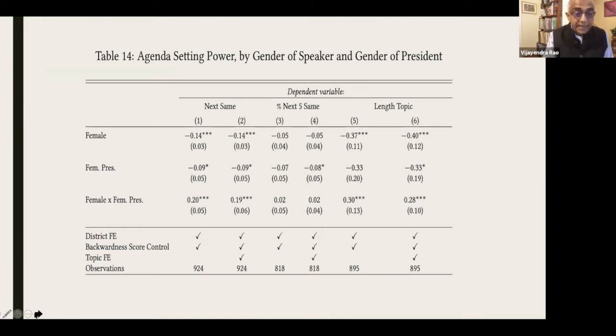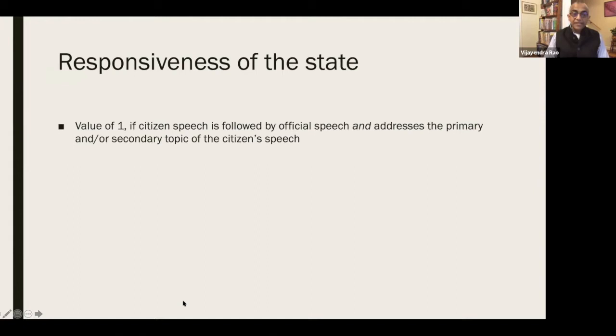Now let's look at the responsiveness of the state. The way we measure this, it's a value of 1 if a citizen speech is followed by an official speech, and that official addresses the primary or secondary topic of the citizen speech. In other words, this state official, either the president or a local administrator, is responding to what the citizen is saying by following the same topic.